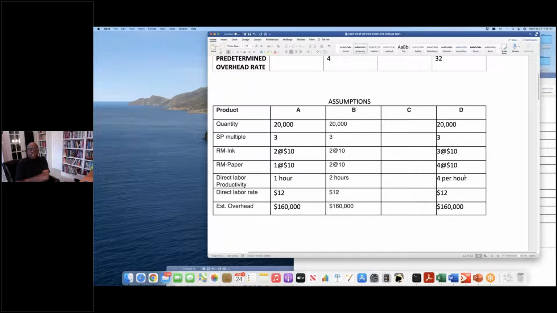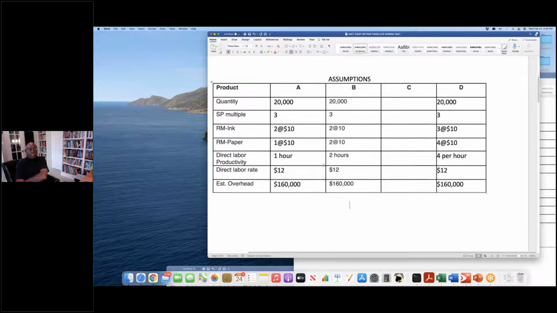Of course, you'd get a chart with these in, but I'm just showing you how to get there. So he's got 20,000, selling price multiple 3, 1 to 10. Direct labor hour productivity is 1, direct labor rate 12. Are you multiplying or dividing? I'm multiplying. Okay.